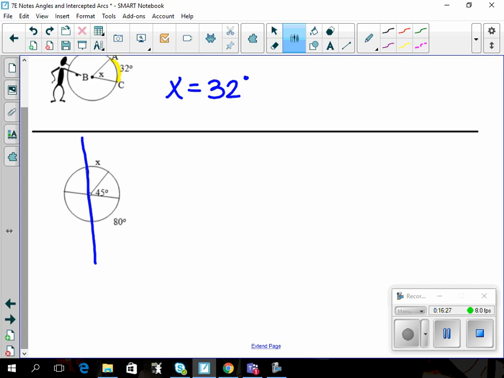So what should I subtract from? 180. Good. So 180, and you guys have calculators. Go ahead and do that subtraction for me. Subtract 45 and subtract 80. Very good. So x should equal 55. Double check though. I think he's right. What do you think? Did you get 55? So 180 minus 45 minus 80.